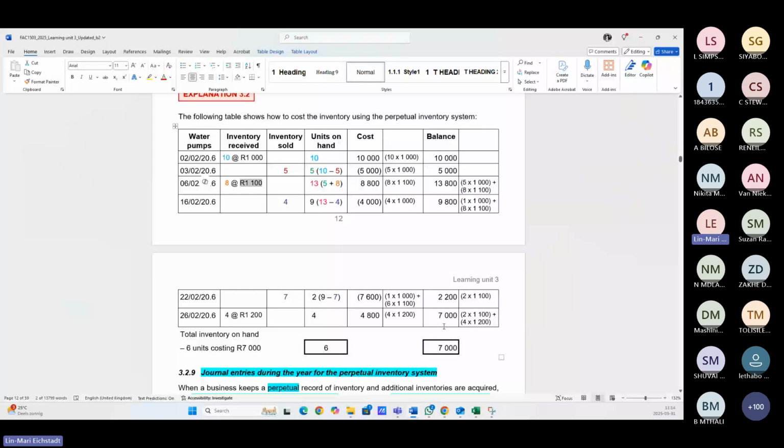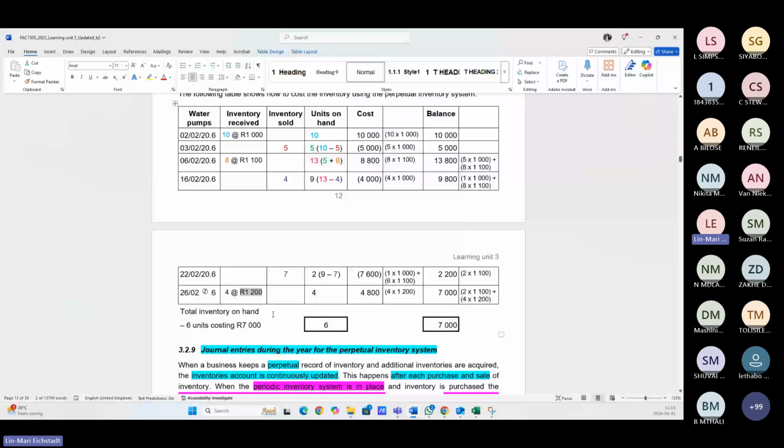So 4 units purchased plus the 2, so we would have 6 units at year end, but the cost of these 4 units purchased is the 4 units at our third purchase price. And so the total inventory on hand at year end is 2 units of this inventory and 4 units of this inventory. So we would have 6 units, but at these 2 different prices, giving us the 7,000.